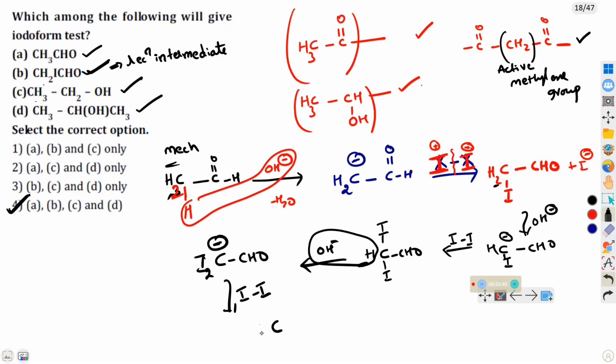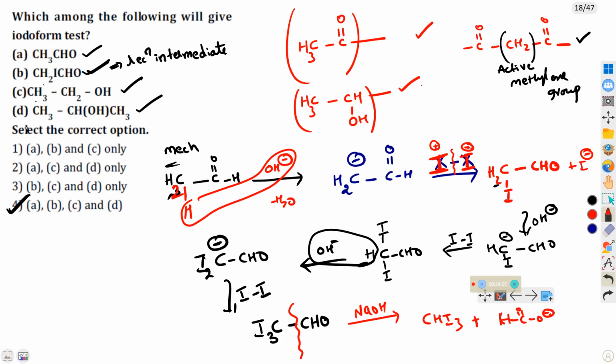Then it gives CI3CHO. Finally, this CI3CHO reacts with base, the bond breaks, and it gives iodoform plus the carboxylate anion HCOO minus.